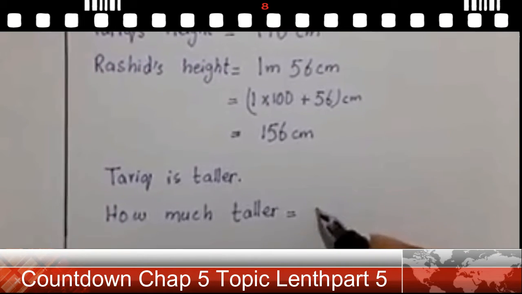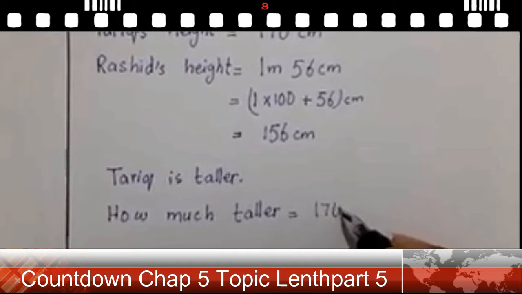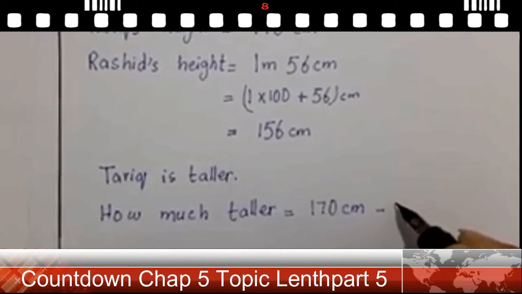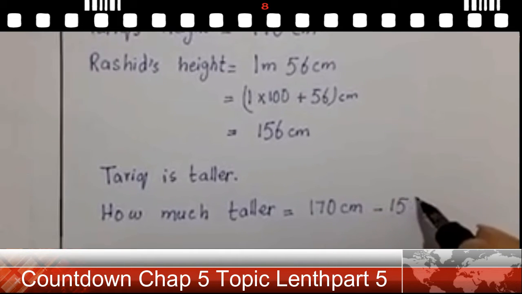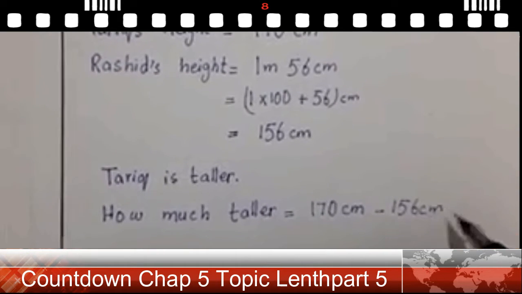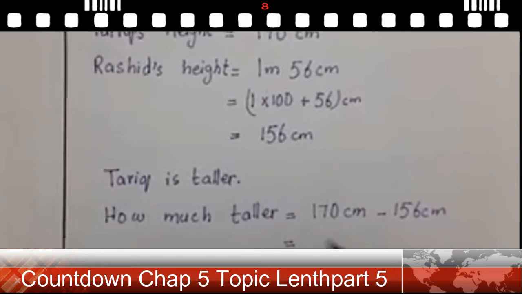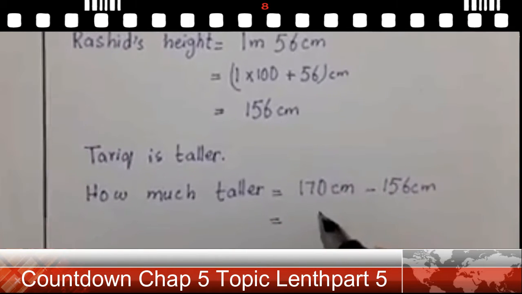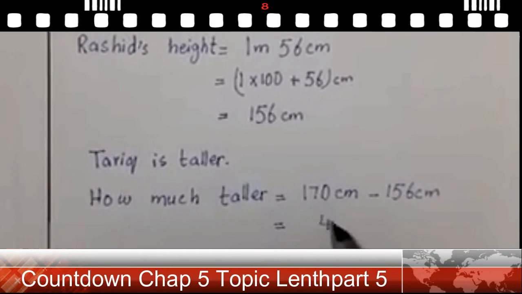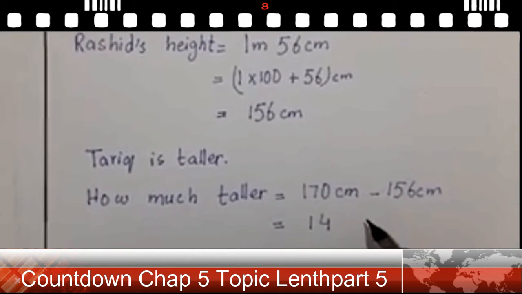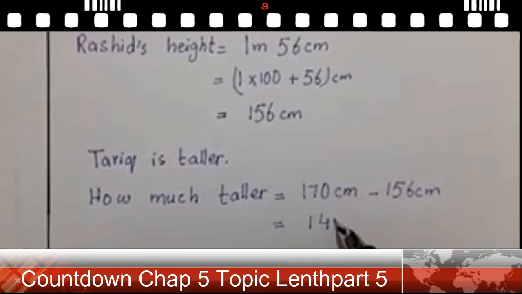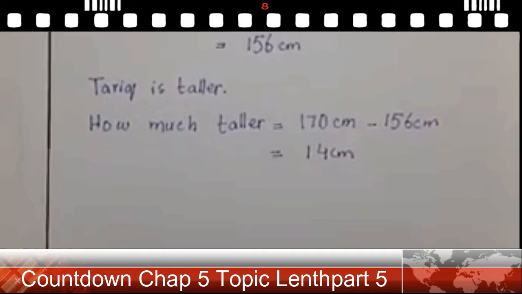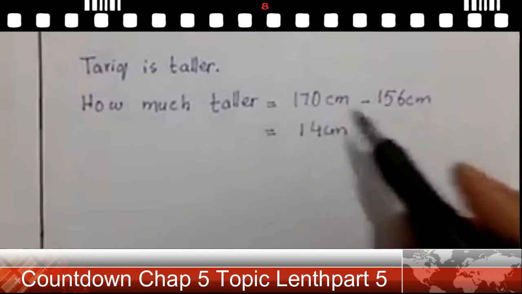What we will do? 170 centimeters minus 156 centimeters. When we subtract 6 from 0, we cannot subtract. So we will borrow. 10 minus 6 is 4 and 6 minus 5 is 1. So 1 minus 1 is 0. It is 14 centimeters. Okay. It is 14 centimeters. So easy is this maths.